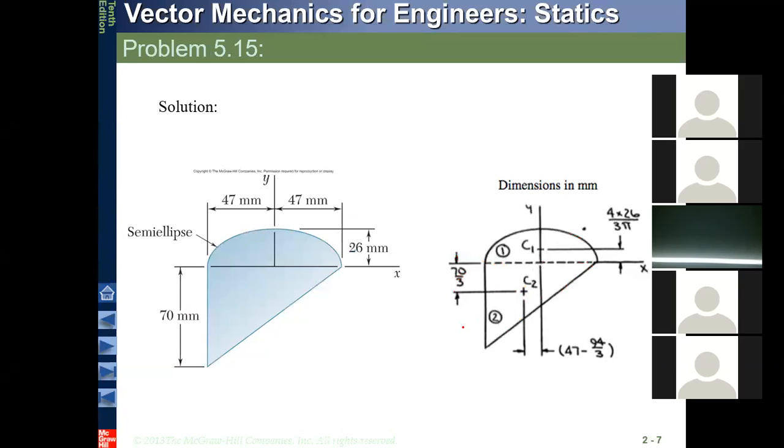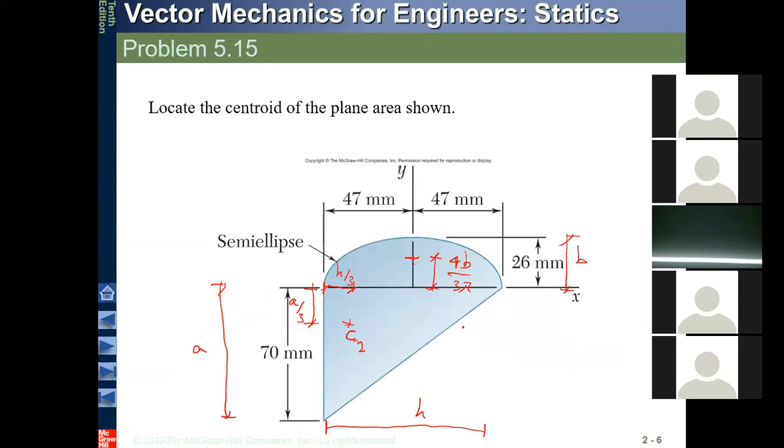And as I told you, for the y direction also, you have h over 3, which is, h here is 247, and then h over 3 would be 247 over 3, and then from the y-axis, it is going to be 47 minus 247 over 3.